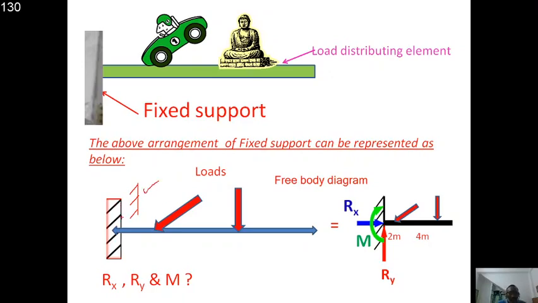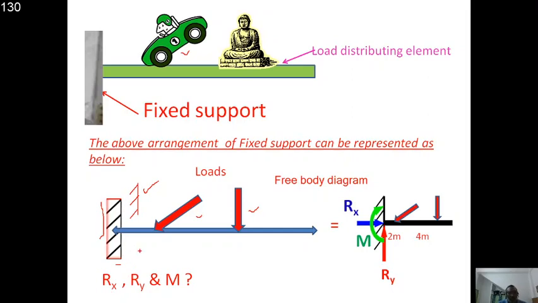The same thing has been arranged here in the fixed support system, and the loads have been represented: the car's load in the inclined direction, and the Lord Buddha statue's weight in the vertical direction. Now we intend to find the reactions of the fixed support.